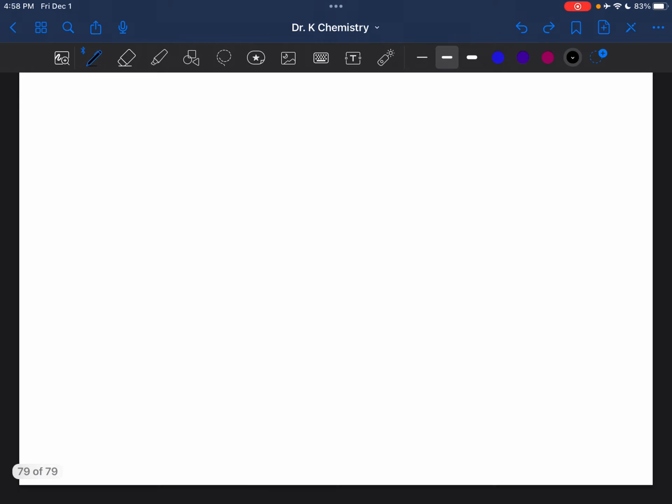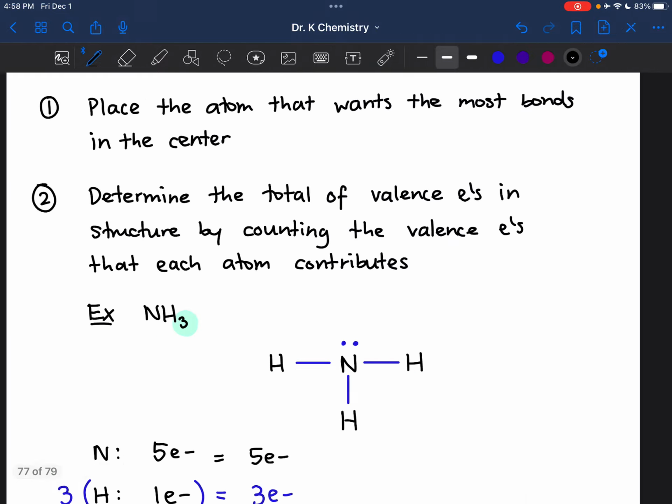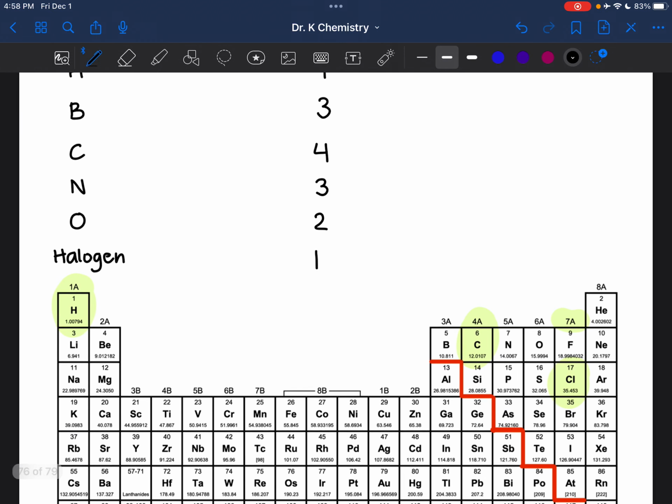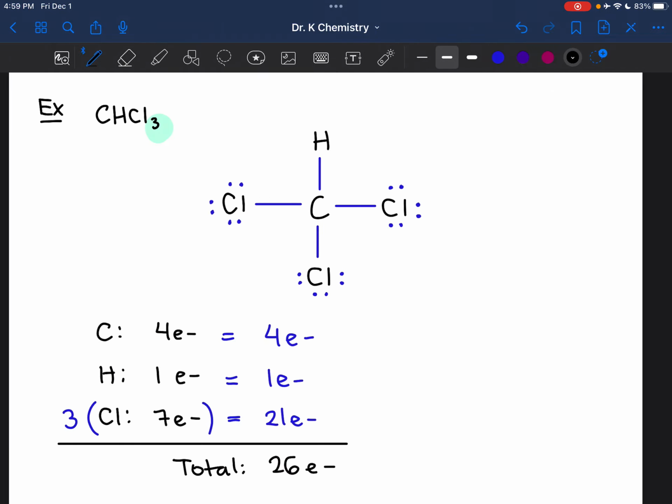And let's do one more example. So this is water. This is a very classic Lewis structure that everybody should be able to draw. So we know that hydrogen wants 1 bond. Oxygen, if you recall, is in group 6A, right here. So it needs to make 2 bonds in order to complete its octet.